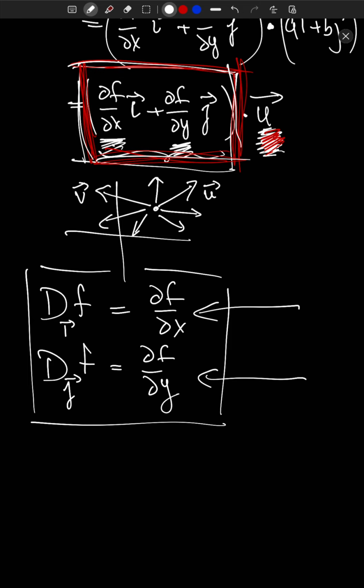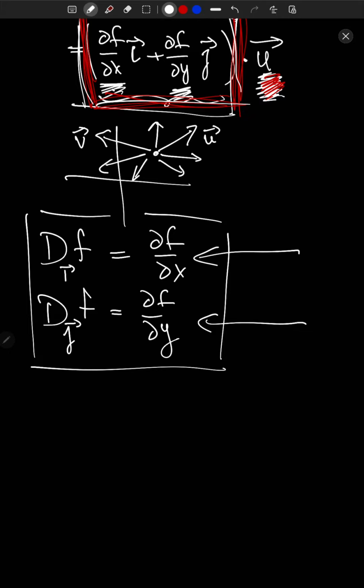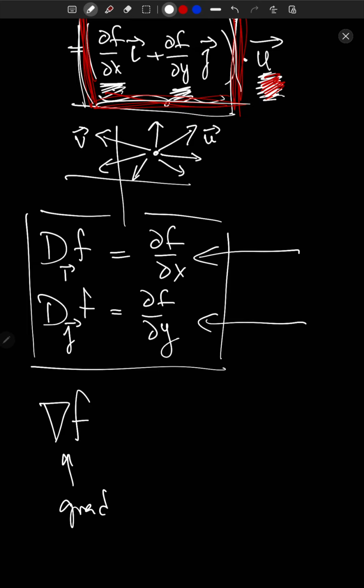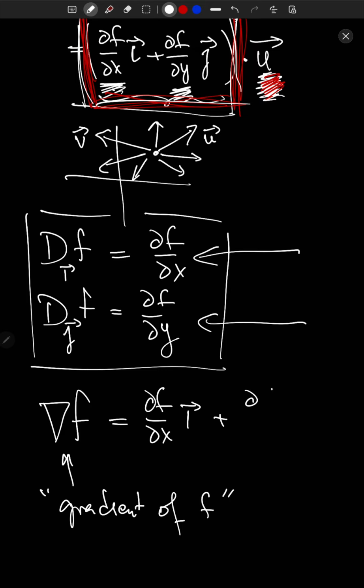In any case, this one special guy is so special that we give it a name, gradient f. Gradient of f, technically, but usually we just say gradient f. So this is equal to df dx i plus df dy j.